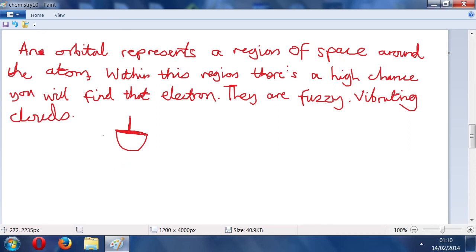But you've got to think, you know, this guy wants to get away, and this guy wants to get away as well. But unfortunately, they're kind of locked in like this.